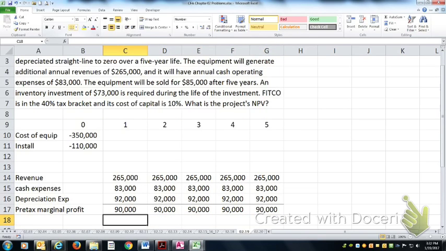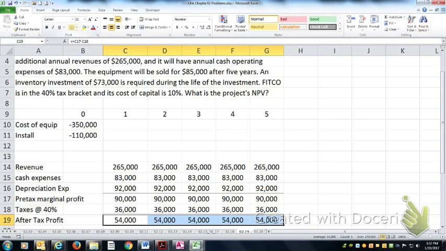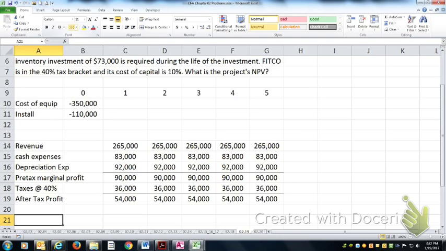Now that's accounting profit because I need that because the taxes, which are 40%, are based on accounting profits. So that'll give me the after-tax profit each year of $54,000.